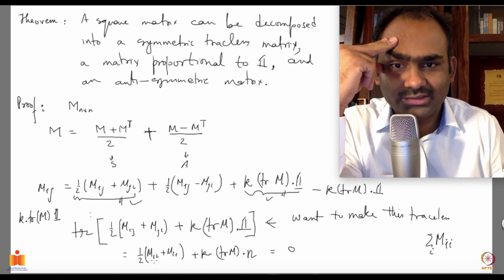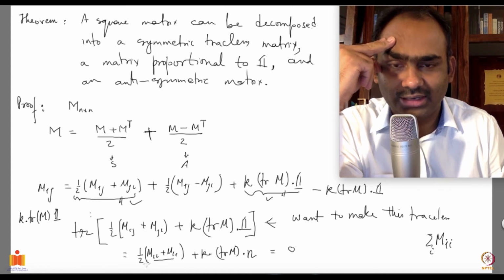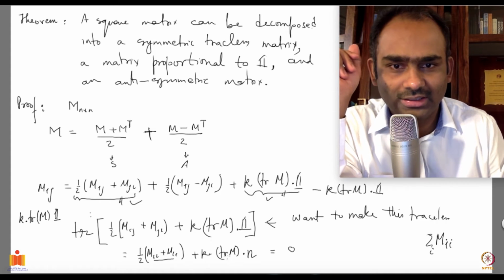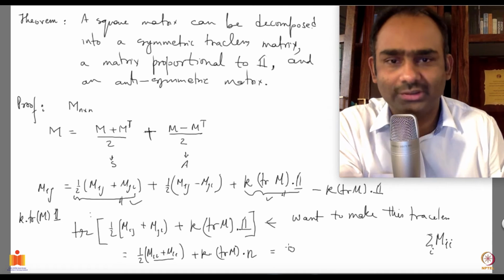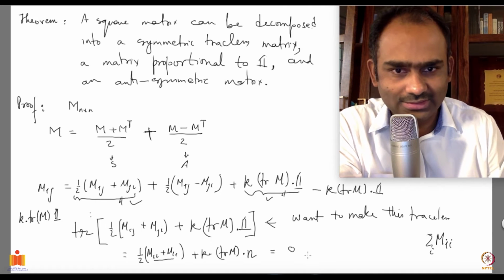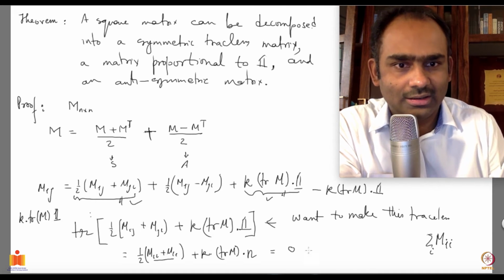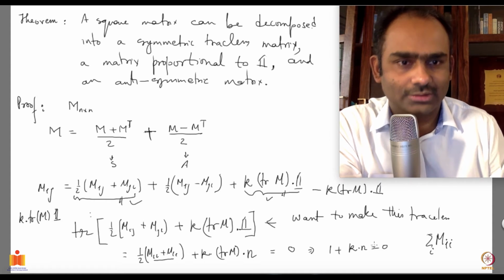Now this is trace of M, 2 trace of M, these two together, and there's a half, which gives you trace of M. There's a trace of M here. So from this equation I can remove the trace of M, and what will be left is 1 plus k times n equals 0.